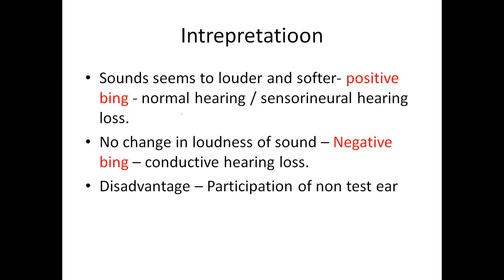We will see the interpretation. Sounds seem to be louder and softer. That means positive Bing. So even for a normal hearing person, when he closes the air conduction, he may hear louder by bone conduction. So there will be an increase and decrease. That is seen in normal hearing or in case of sensorineural hearing loss.